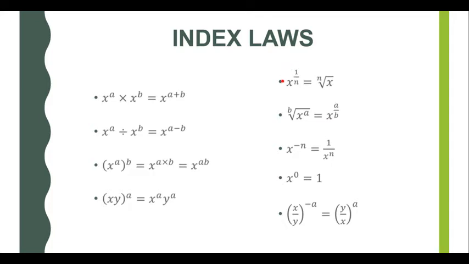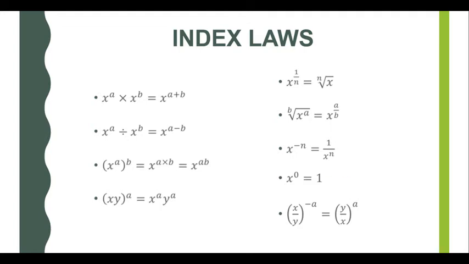x to the power of 1 over n is the same as the nth root. And this is a more complex version of that, where x already has a power. We end up with a fraction of a over b. x to the power of minus n is the same as 1 over x to that power, so the minus power indicates we get 1 over x to that power. x to the power of 0 is 1.